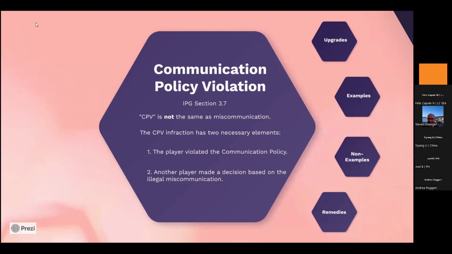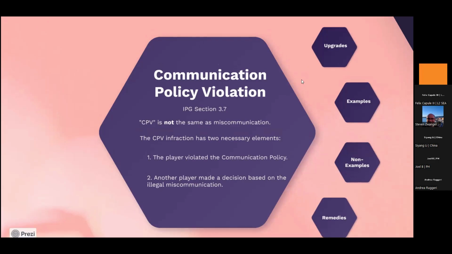So if you tell your opponent, the name of this card is Island, but it's really a Forest because you just get mixed up and the land is in a different language and you don't recognize the illustration and you just get confused about what the card does. If nobody makes a decision based on that wrong communication, there's no CPV. I mean, the judge will still tell you you should communicate better, but there's no infraction.